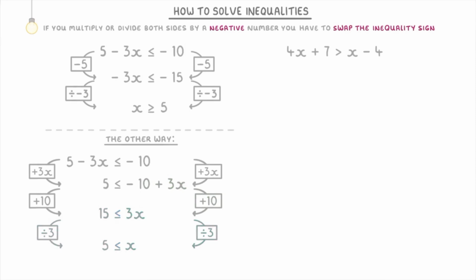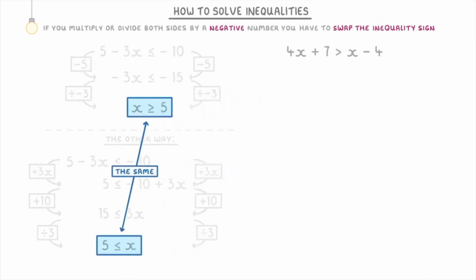And remember, this is exactly the same thing as saying that x is more than or equal to 5, like we got in the first place. In situations like this, it doesn't really matter which way around you do it. Just go with whichever one you feel most comfortable with, or whichever one you think of at the time.